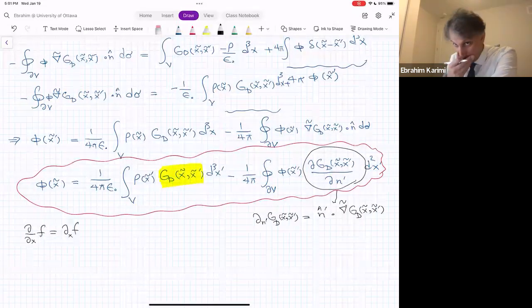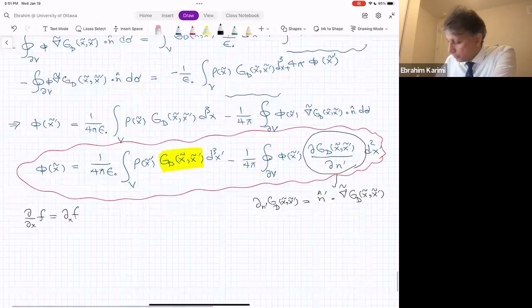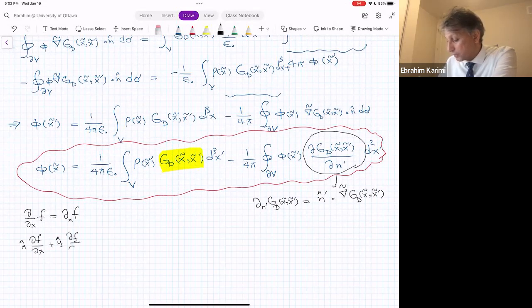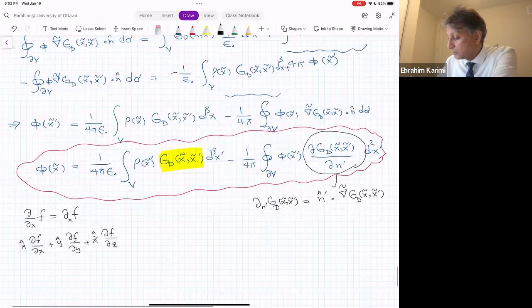If you have gradient of f with respect to x times x hat, plus gradient of f with respect to y, plus gradient of f with respect to z, dot a specific vector, which is n, let's say nx x hat, ny y hat, and nz z hat.